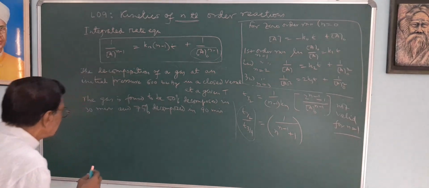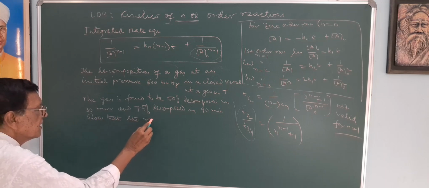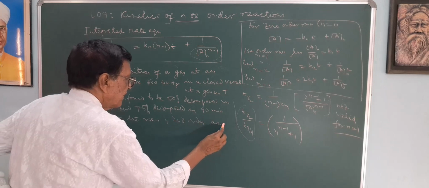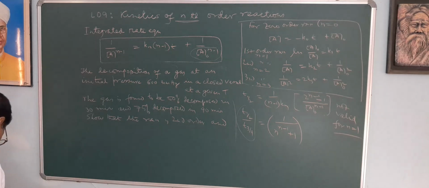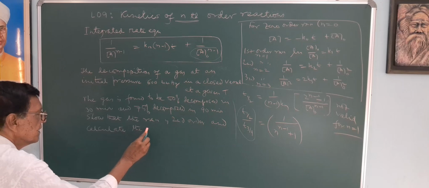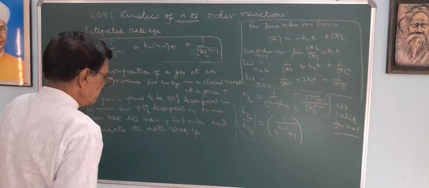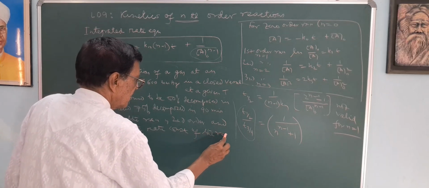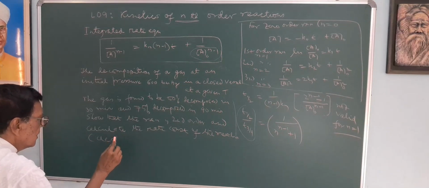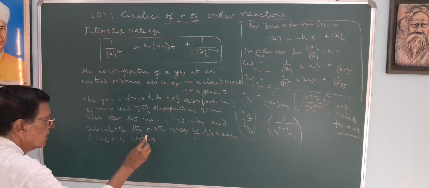So show that the reaction is second order and calculate the rate constant of the reaction, clearly stating the units.